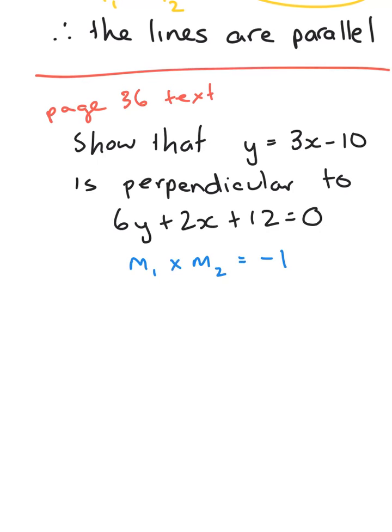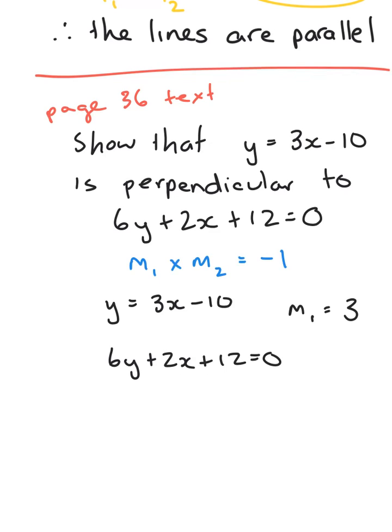Looking at my first equation, y equals 3x minus 10, it is easy to see that the gradient of this line is 3. For the second equation, I will need to rearrange it first into the form y equals mx plus c before I can see the gradient easily.